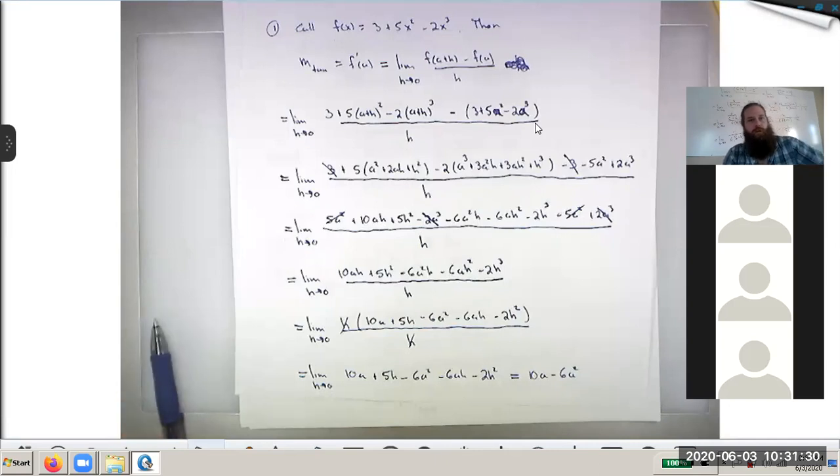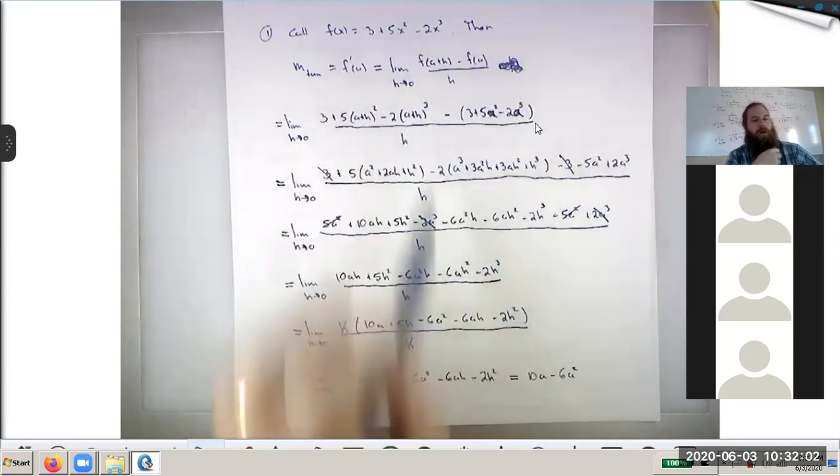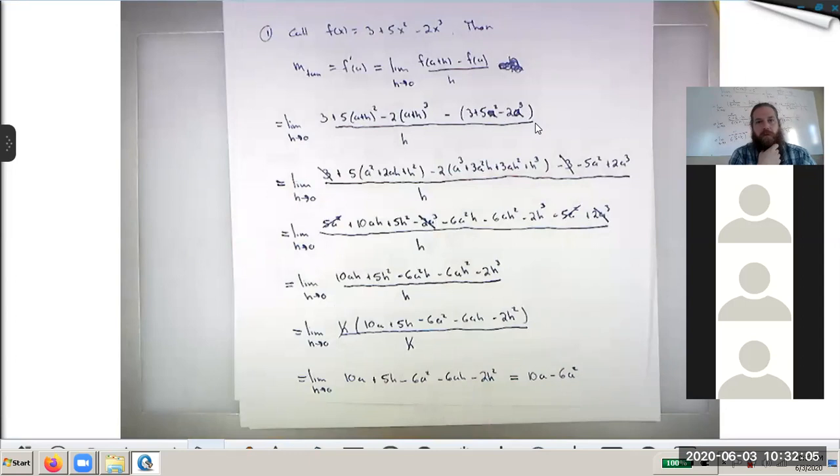What else are we thinking? Everything else feels mostly okay? Do we need to have these memorized? No. You need to have this definition memorized. But the limit work here is something that will be different for every function and every number, so you definitely don't need to memorize this process.